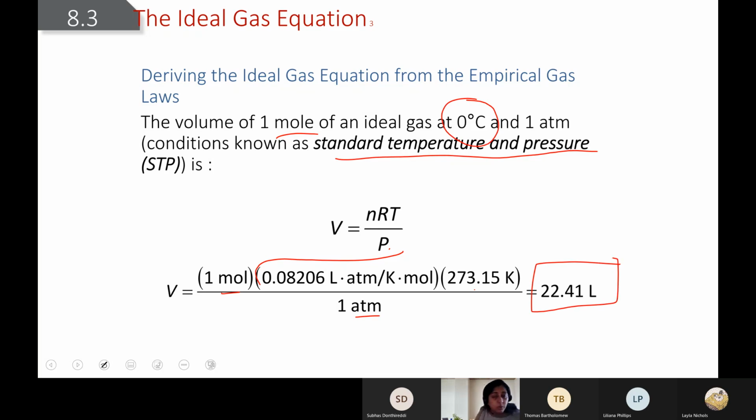The volume for any gas sample doesn't matter whether it is oxygen or nitrogen or hydrochloric or whatever.